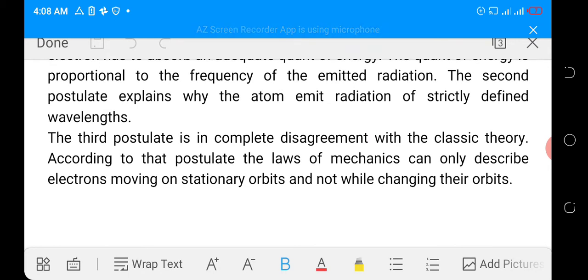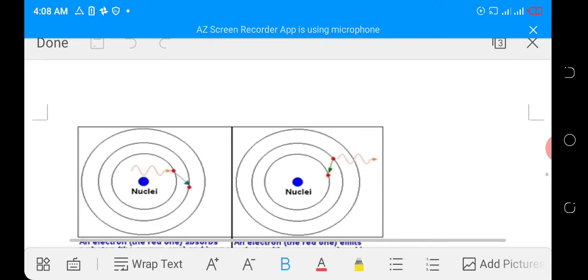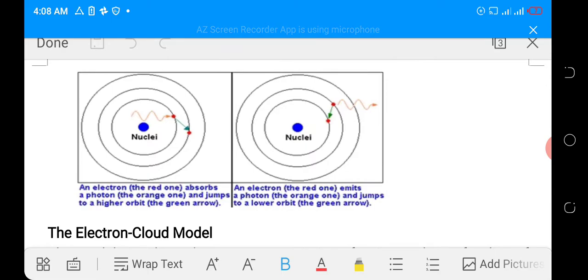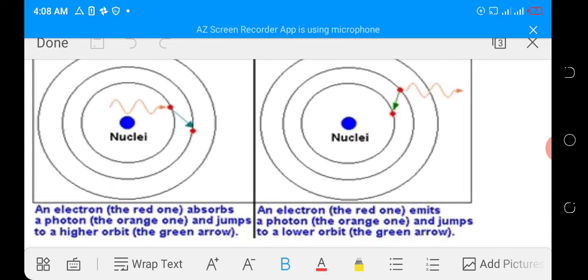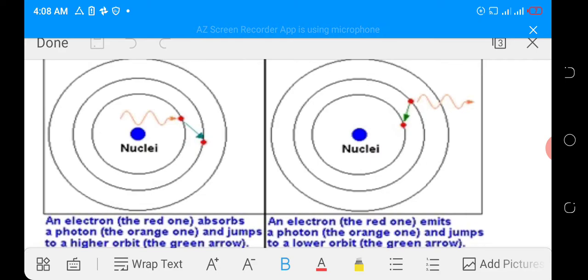The third postulate is in complete disagreement with the classic theory. According to that postulate, the laws of mechanics can only describe electrons moving on stationary orbit and not while changing their orbits. The diagram below shows how quantum of energy is radiated or gained by an electron. In the first diagram, an electron absorbs a photon and jumps to a higher orbit from a lower one.